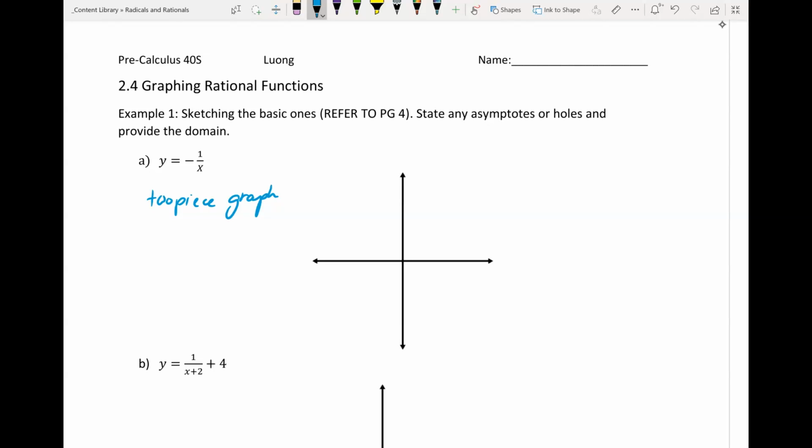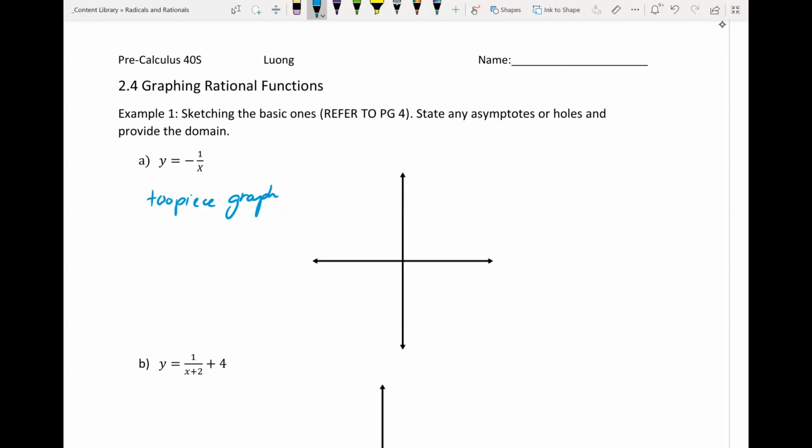And what that is going to do is change those arms in different quadrants. So in y equals 1 over x, we have it in quadrants 1 and 3. And we're going to see what quadrants our negative 1 over x is going to be in just a moment.